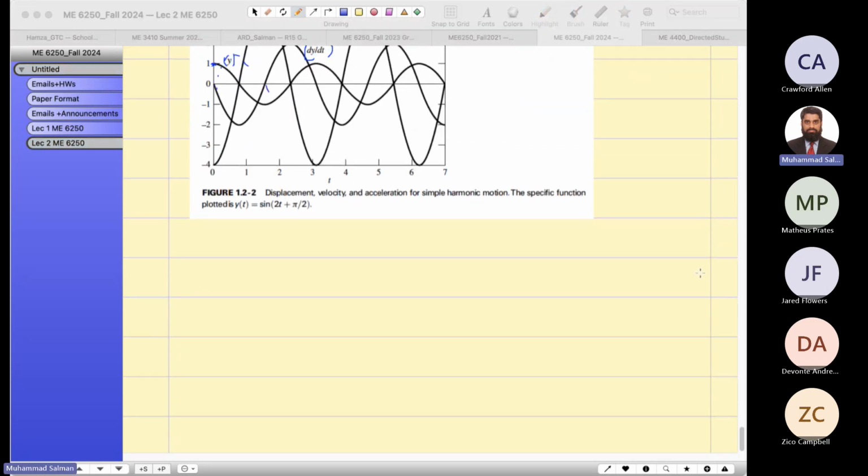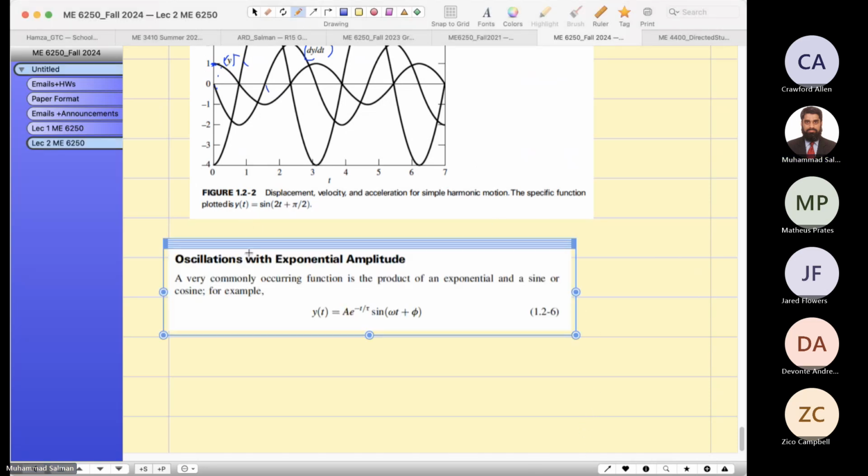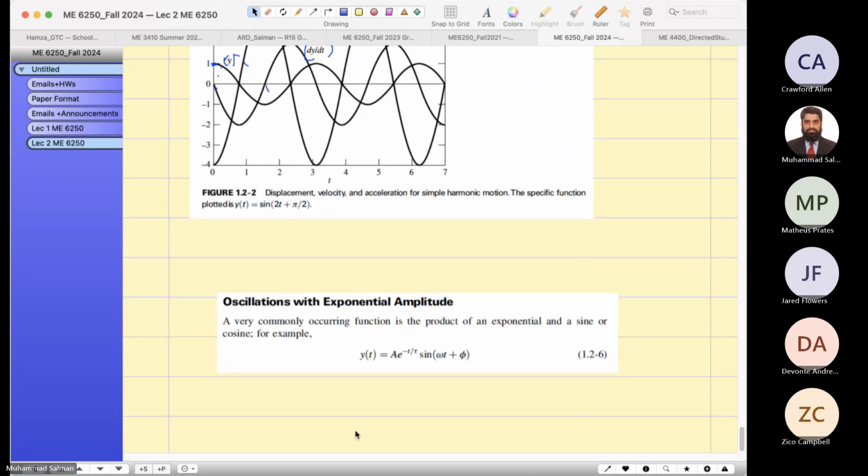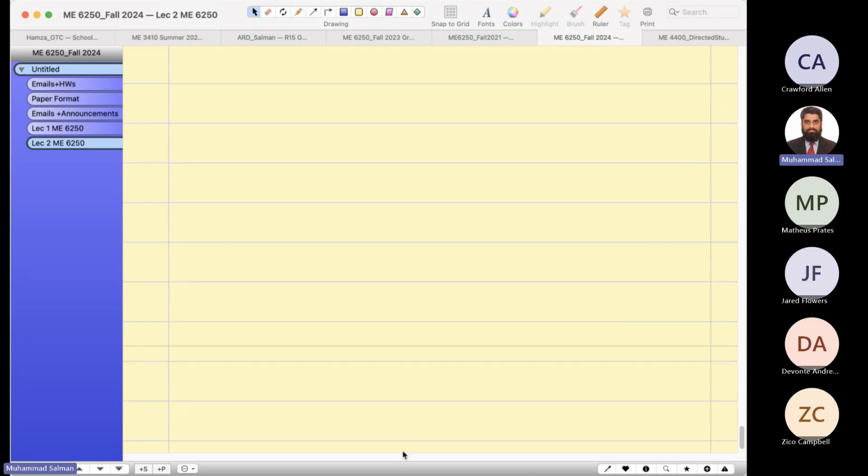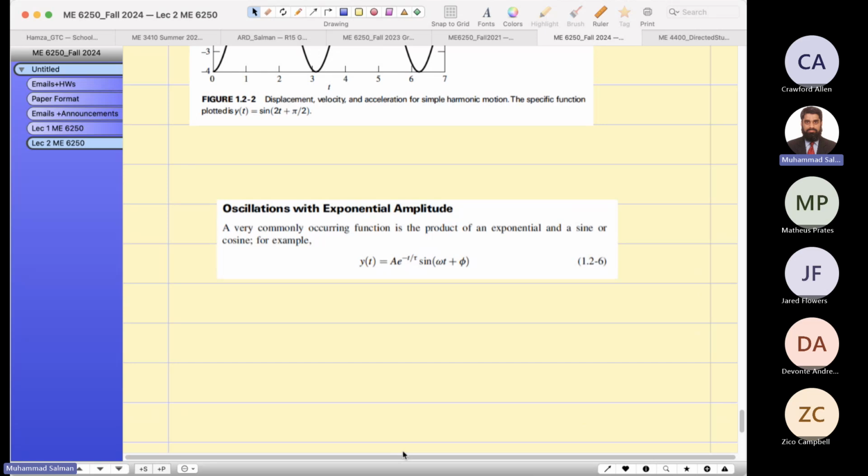So that was the thing which I wanted to mention. Now I want to talk about simple harmonic motion, which is not undamped but damped due to some damping. You see this exponential, we call this exponential decay.